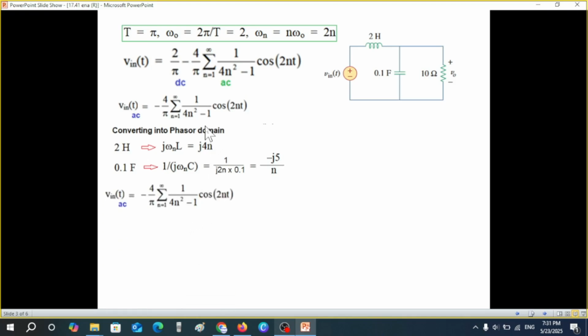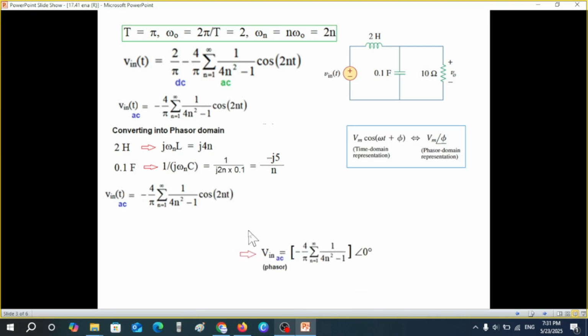Now our AC signal: we know that if it is in V cosine omega t form in the time domain, then in the phasor domain we can write the magnitude and the angle. Same here, this whole thing is our magnitude. There is no angle in this, so the angle will be 0.